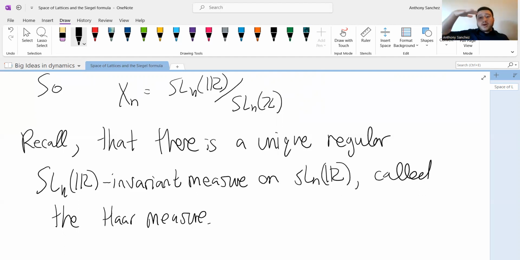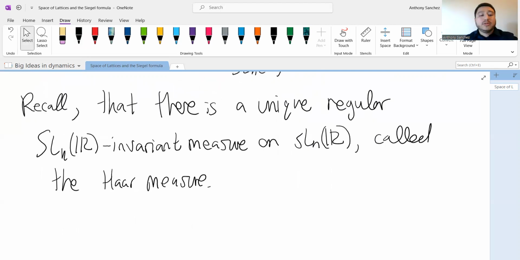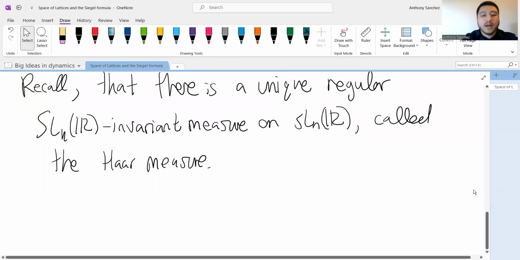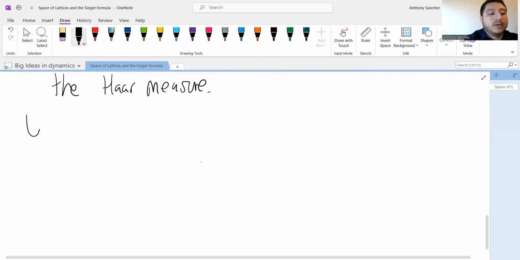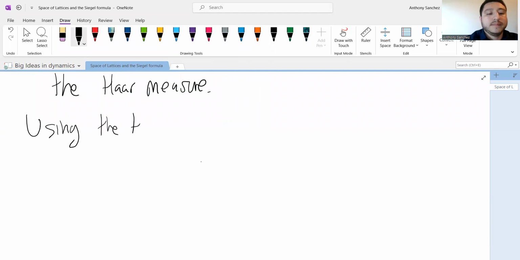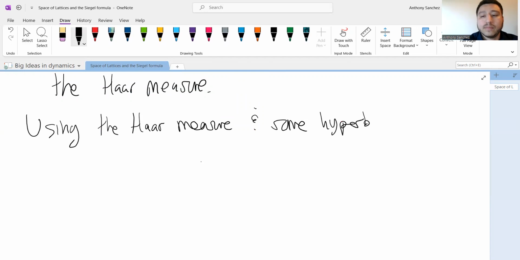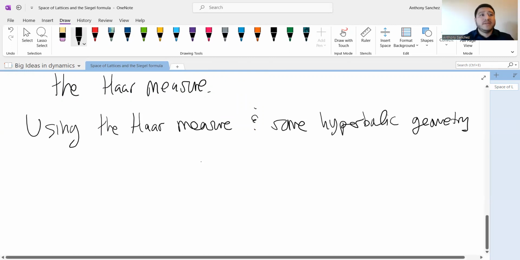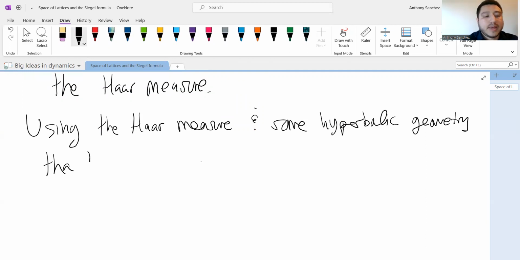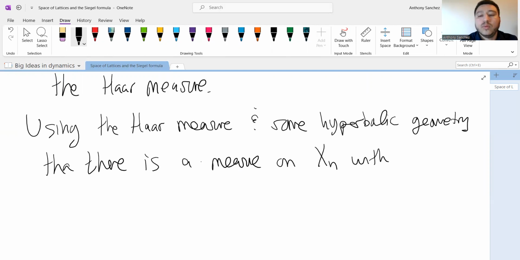And using the fact that SL_n(R) itself has the Haar measure, one is able to show, using the Haar measure and some hyperbolic geometry, that I won't do in today's lecture, but I encourage you to ask me about it during the office hours, that there is a measure on X_n with these properties.